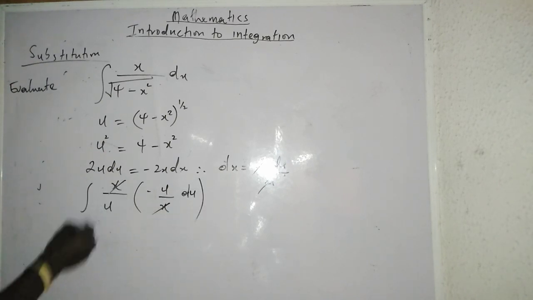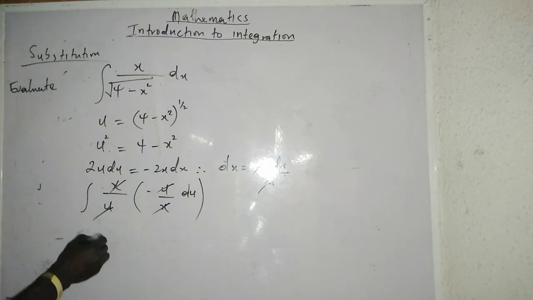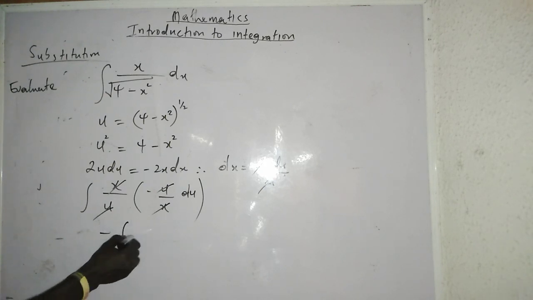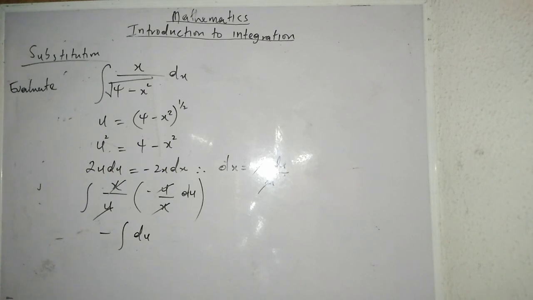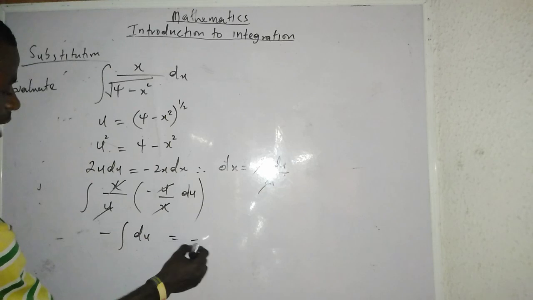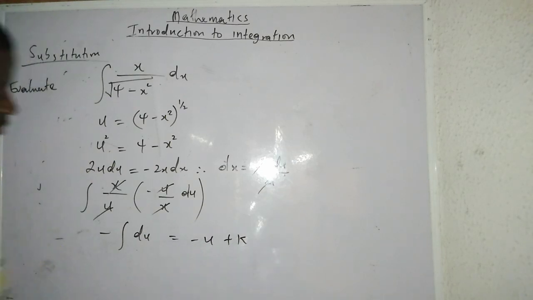Close the bracket. This x will cancel, this u will cancel. I'm left with minus the integral of du. Integrating du, I will have minus u plus k.